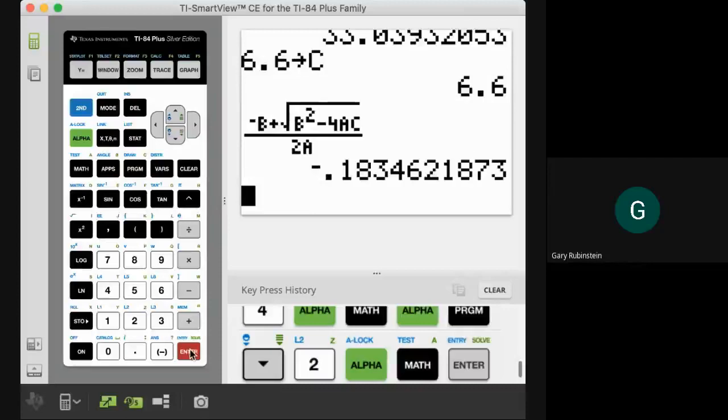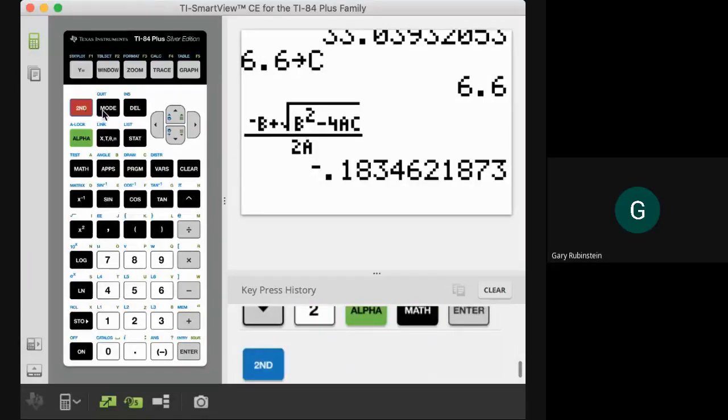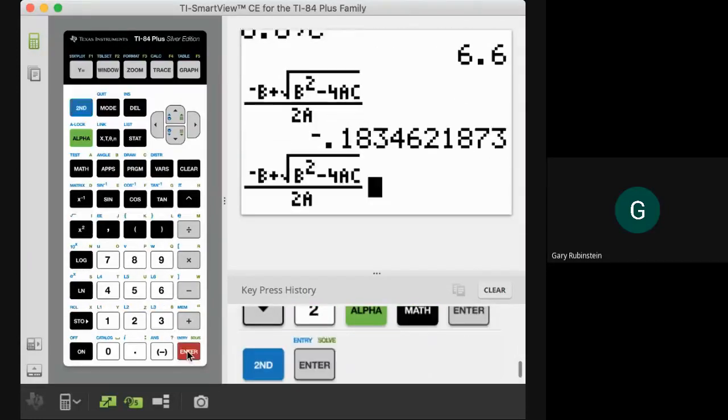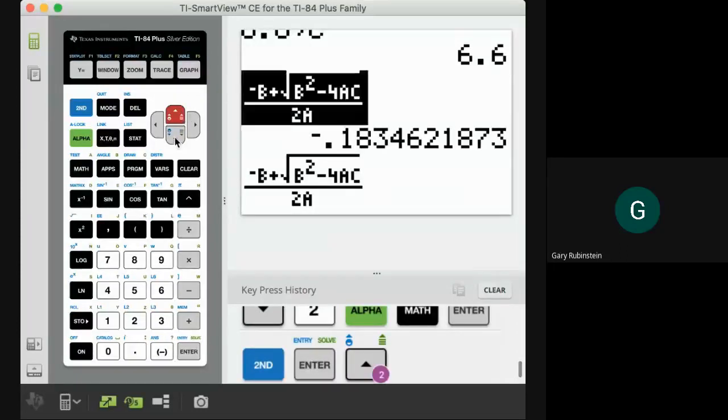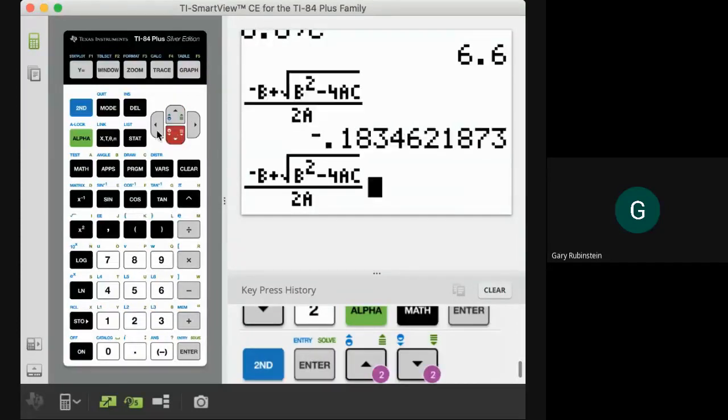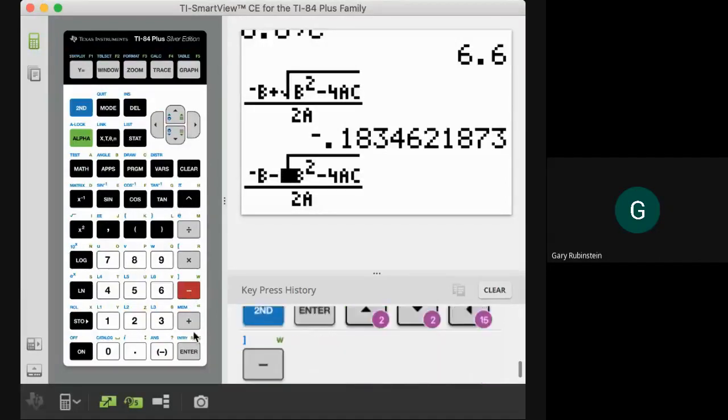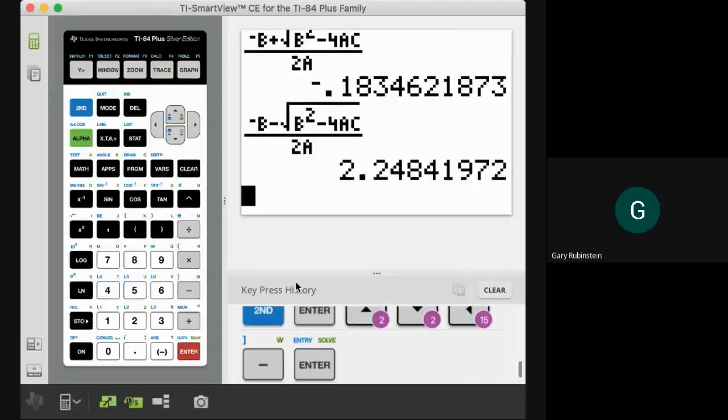That's going to be one of my answers. Let me go second enter and change that to a minus. Okay, and that's why 2.25 is the answer.